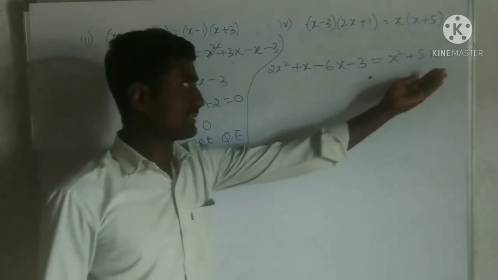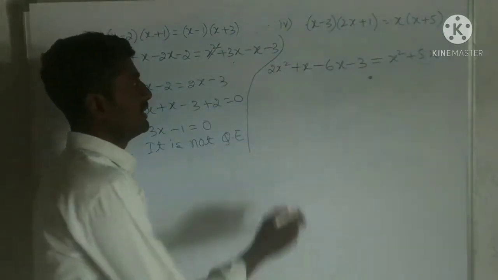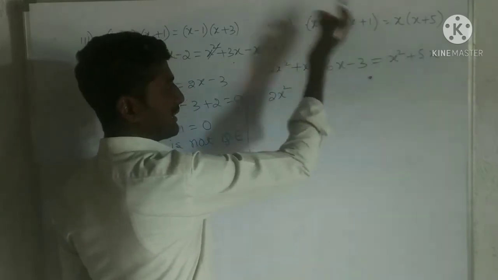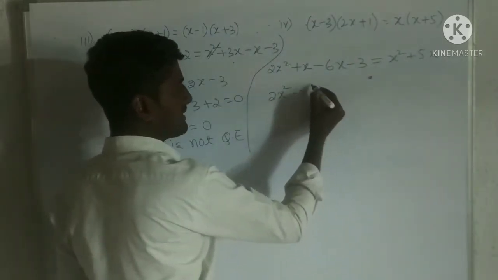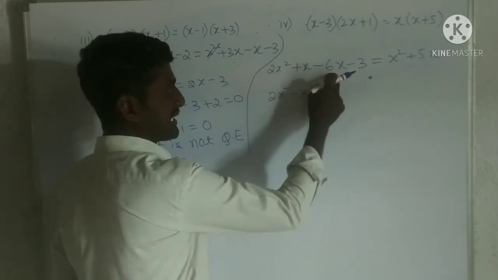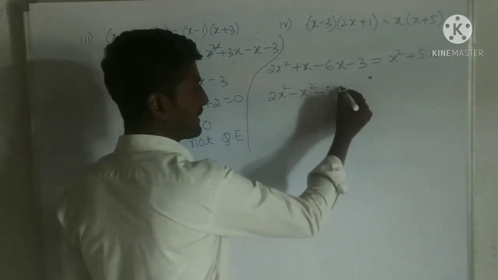Now take these terms to the left side. So 2x square is there. Take this x square term to the left, minus x square. Plus x minus 6x, that is minus 5x.